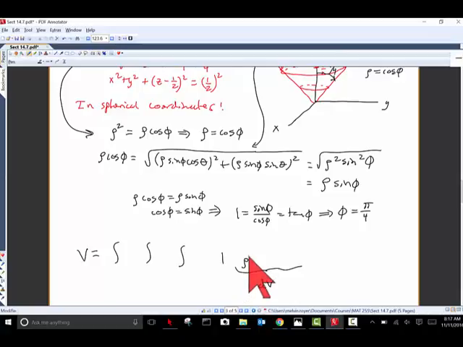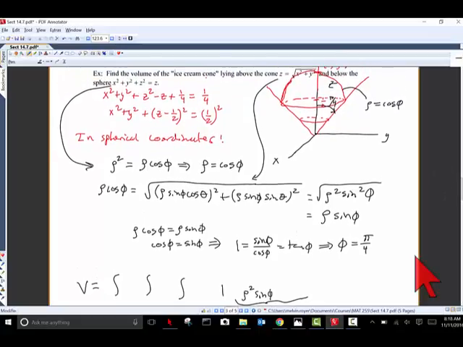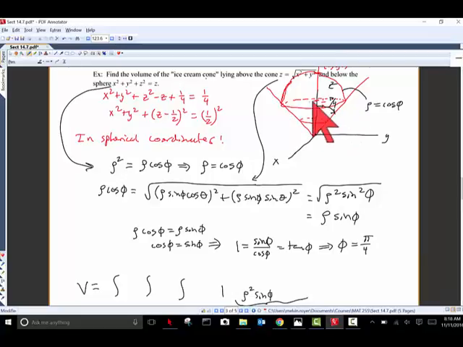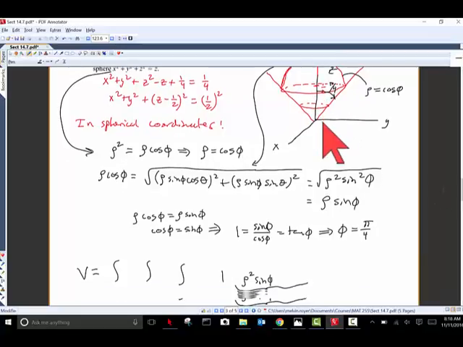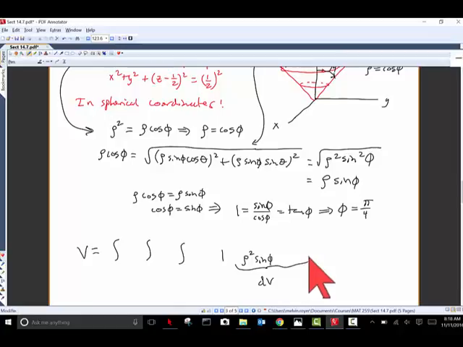I know there's going to be a rho squared sine phi, and then in any order, d rho and d phi and d theta. So first of all, nothing about the problem indicates anything other than perfect symmetry in the theta variable. So I think I'll put that last because it doesn't interact with the other things.